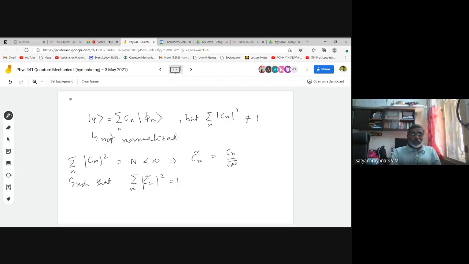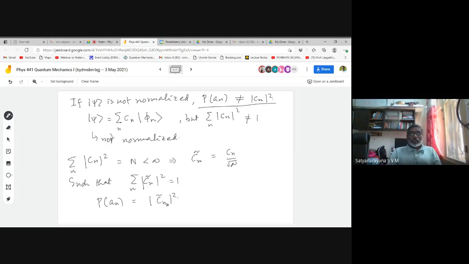If psi is not normalized, now the probability of An is not equal to mod Cn square. This is the important thing to note. It's not equal to this. So the probability of getting An as the result is basically Cn tilde, the whole square.